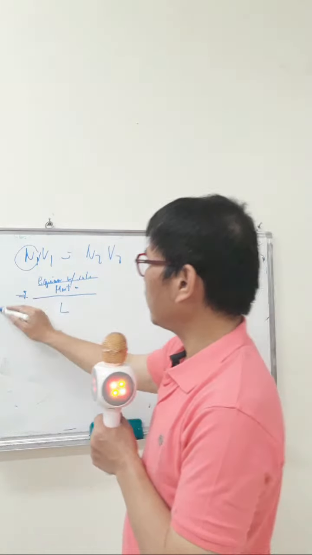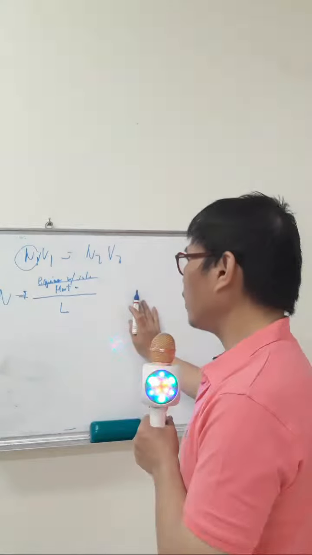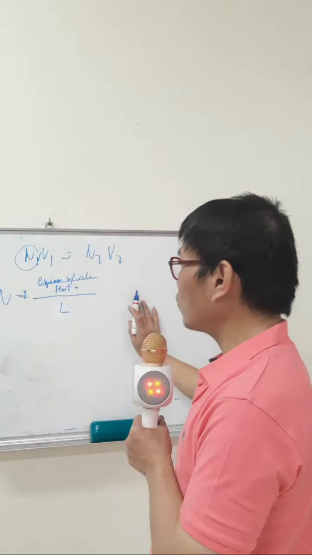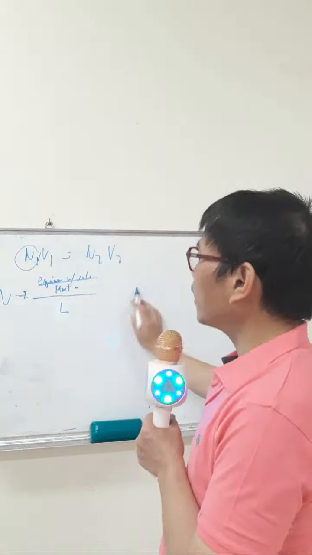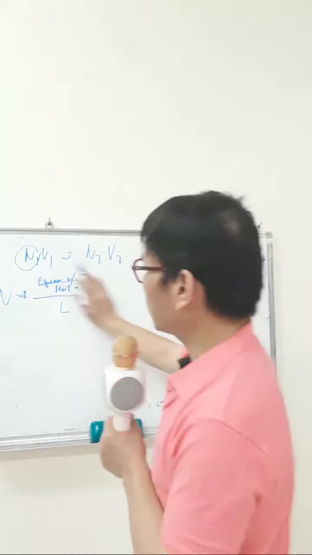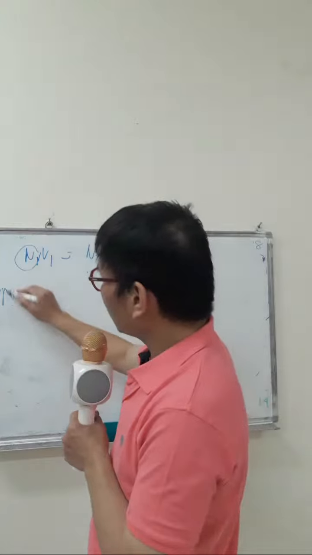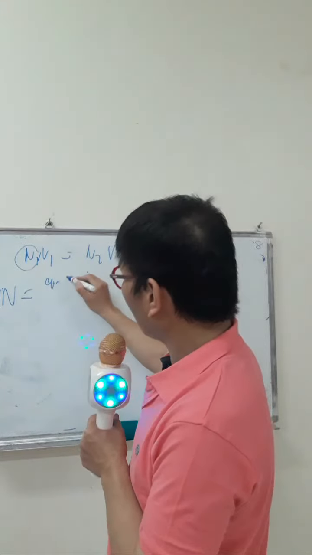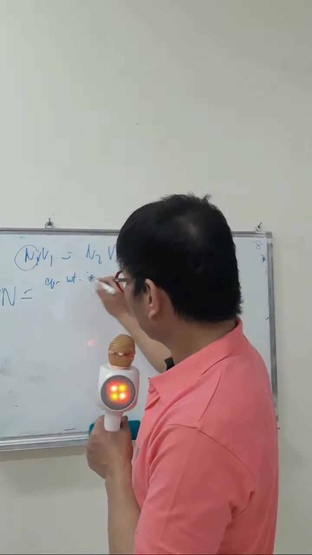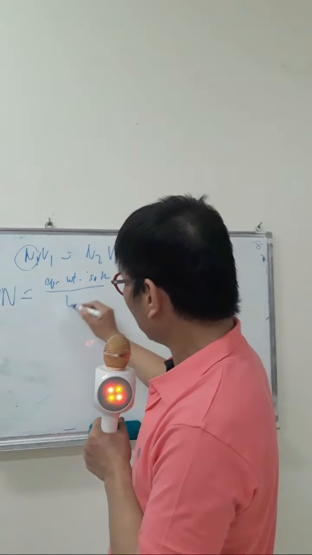Normality. And now, how can you get the equivalent weight of solute? Normality is equal to the equivalent weight of solute over liters of solution.